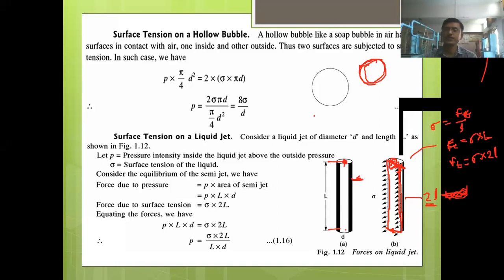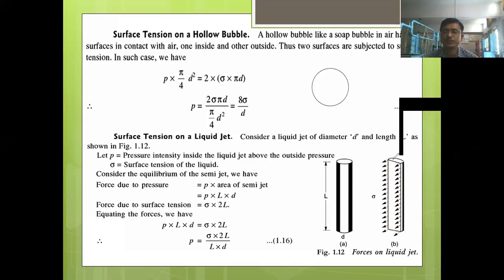So this is the rectangular shape which is observed here, and in this rectangle, this portion is not acted on by the tensile force because there is water above and water below. So what is the length or perimeter of this rectangle on which the tensile force is acting? That is nothing but this length L plus this L. On this length only the tensile force is acting. So here we can write Ft is equal to sigma into 2L.